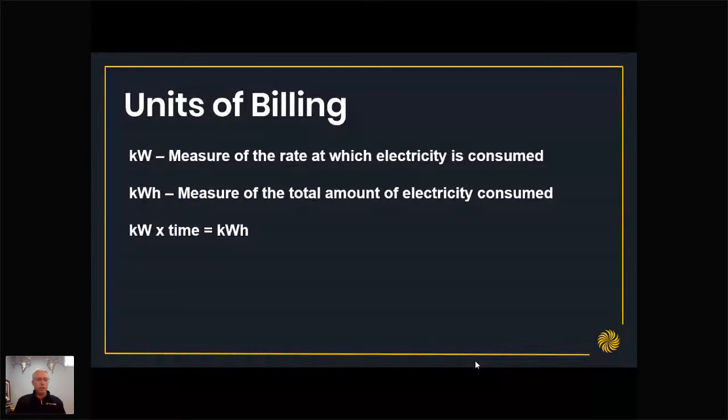The other measure, kWh, stands for kilowatt hours. No matter what billing code you're billed under, you will see kilowatt hours on your bill. That is the measure of the total amount of electricity consumed. It is a relatively non-scientific measurement.